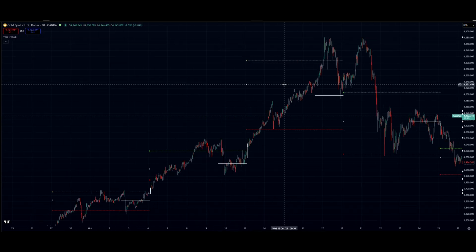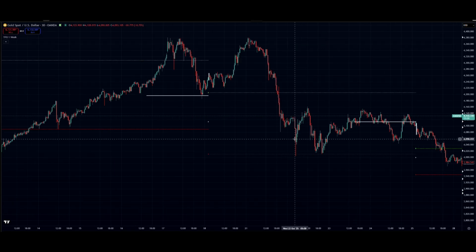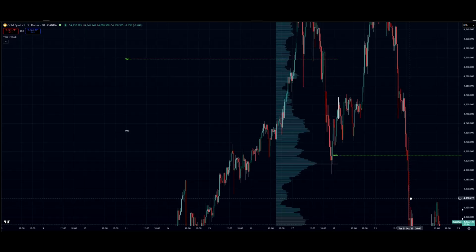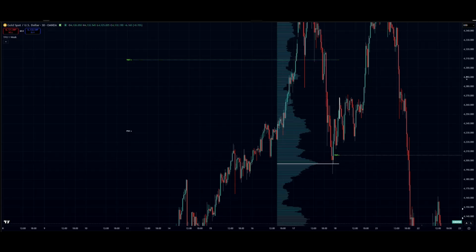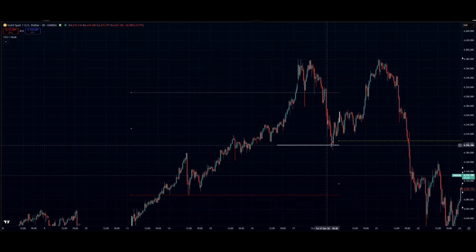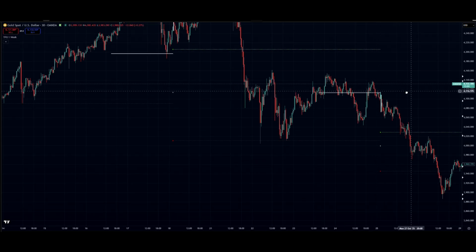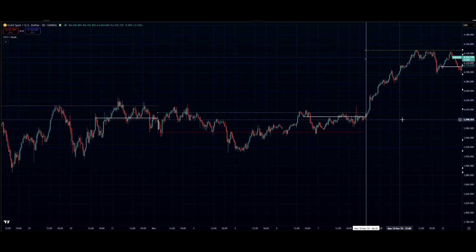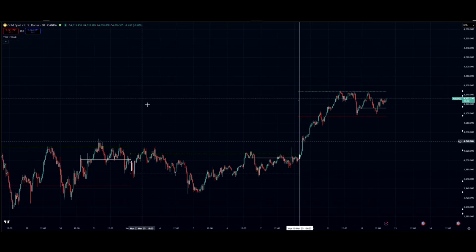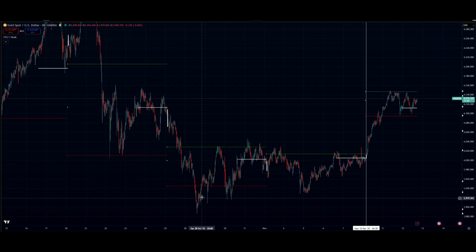Here we can see, if we zoom in, the time point of control is in the middle around here, but the volume point of control is here, and that is a more critical level. This is a more critical level in all situations, and we see time and time again how important it can turn out to be.